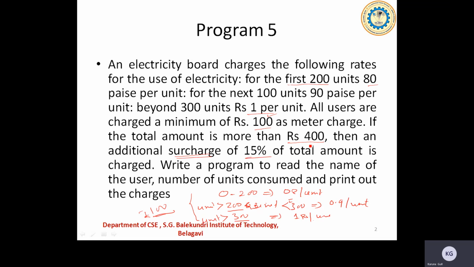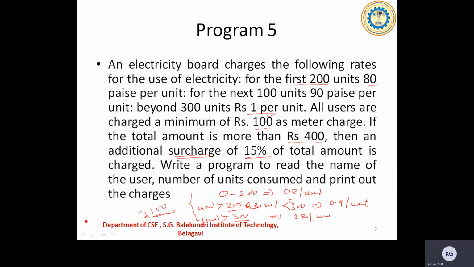So if it is 401 rupees, 410 rupees, or 500 rupees, 800 rupees, for that amount you have to pay 15% extra. This is what they have mentioned in the problem statement.